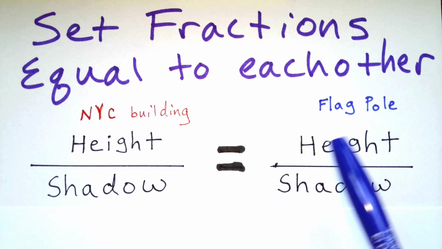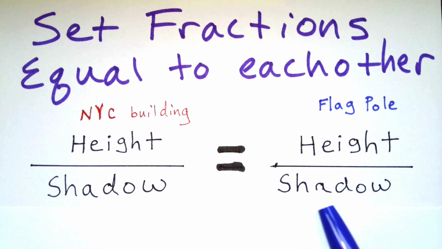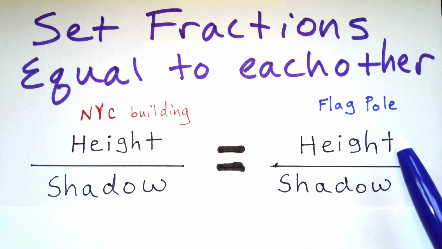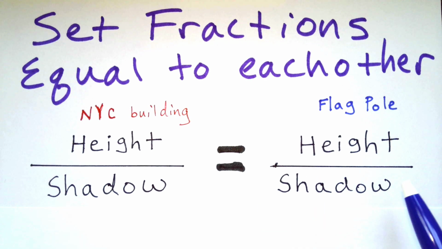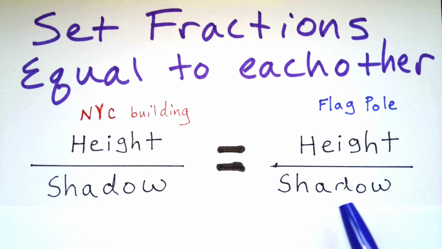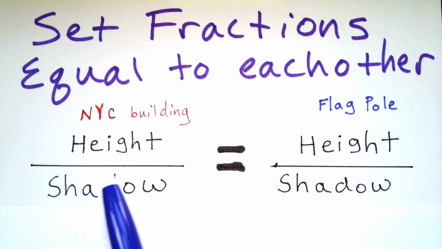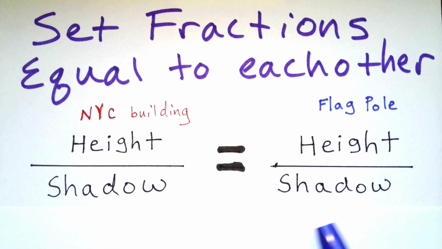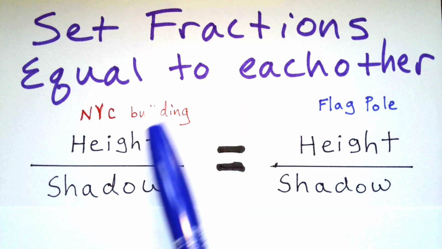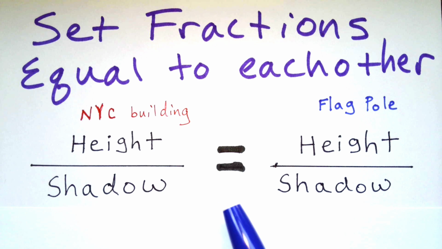Set that equal to the flagpole ratio, where the height is 3 feet over the shadow, which is 2.5 feet. Now notice, for the New York building, for the flagpole, height is on top of the fractions and shadow is on the bottom of the fractions. This is how you're going to be setting this up.